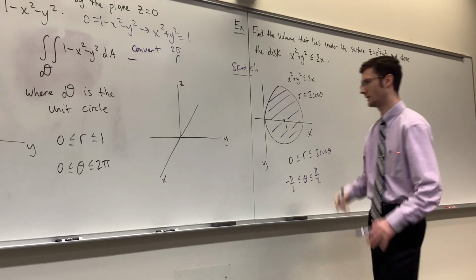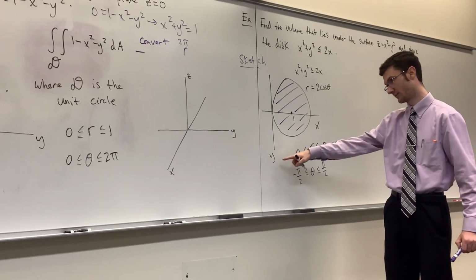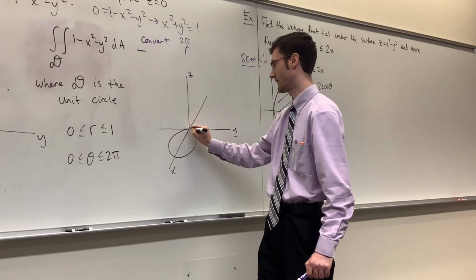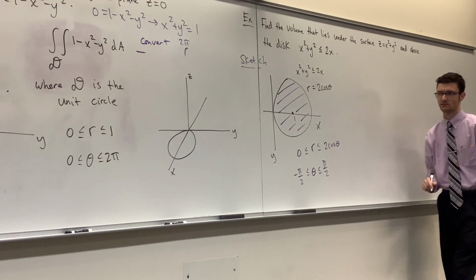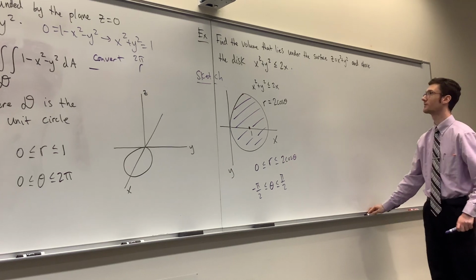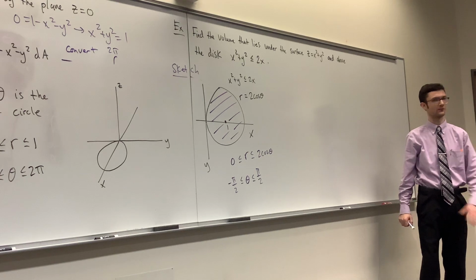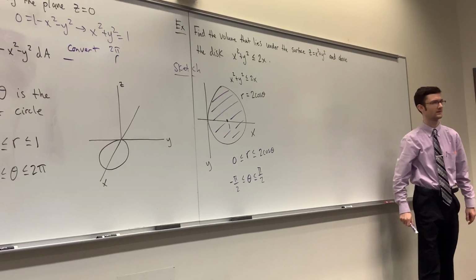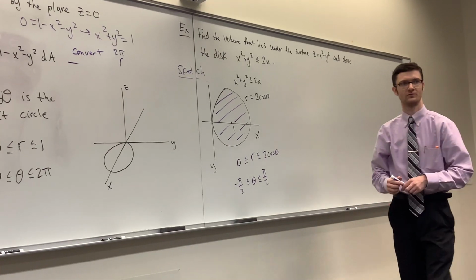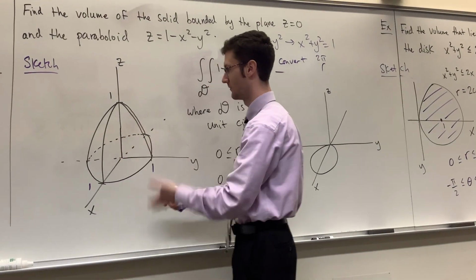Make sure you put it in the right place. We're in the XY plane here, so this circle is right there. Now we're under the surface z equals x squared plus y squared. What does that look like? It's a paraboloid with the vertex at the origin, pointing up.